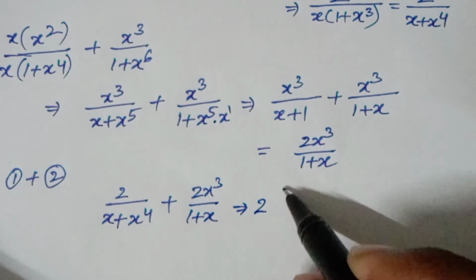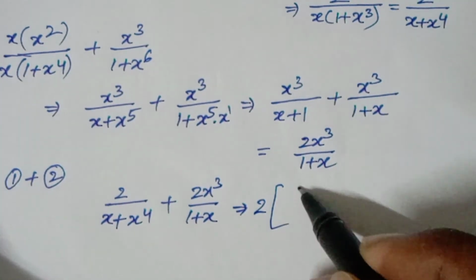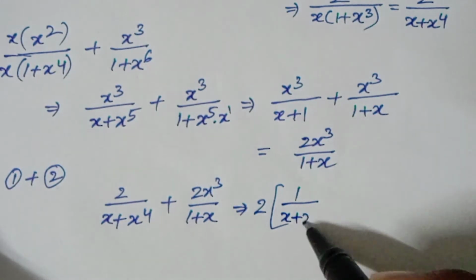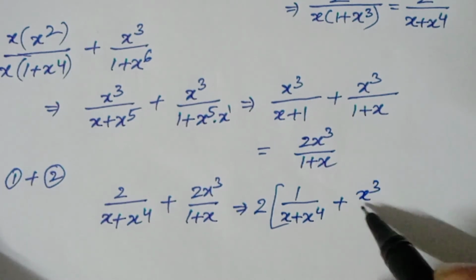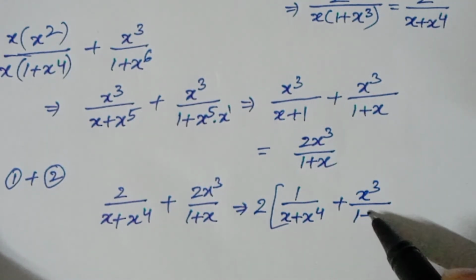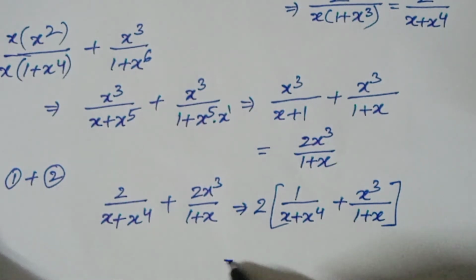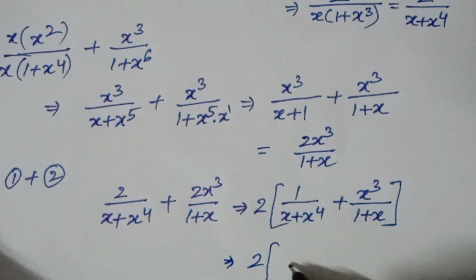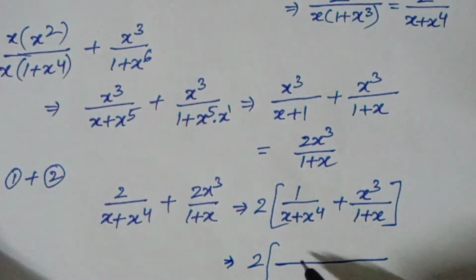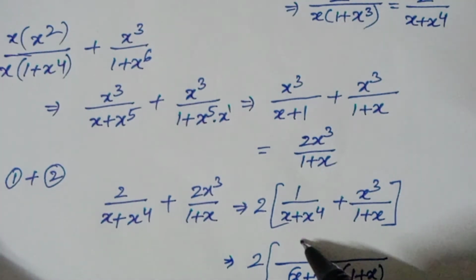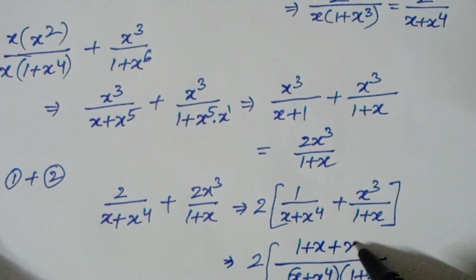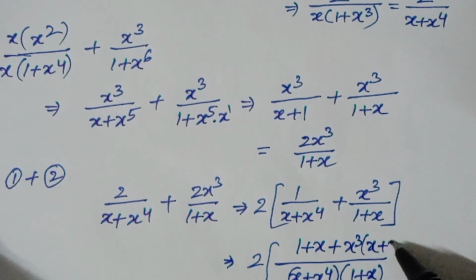So here you can take 2 common: 2 times 1 by x plus x to the power of 4, plus x cube by 1 plus x. If you take the LCM inside the bracket, what will we get? x plus x to the power of 4 into 1 plus x in the denominator.